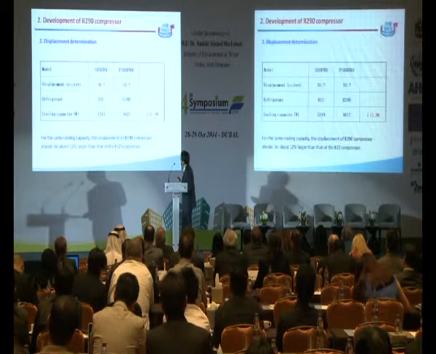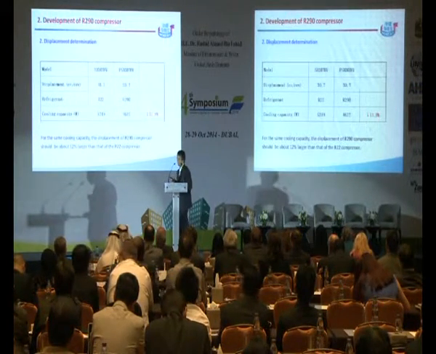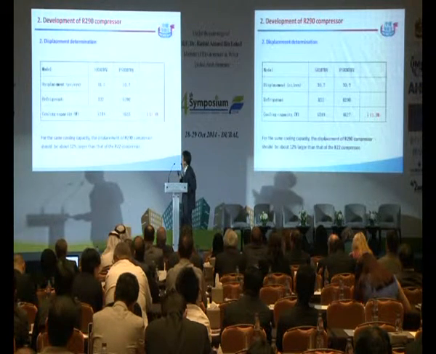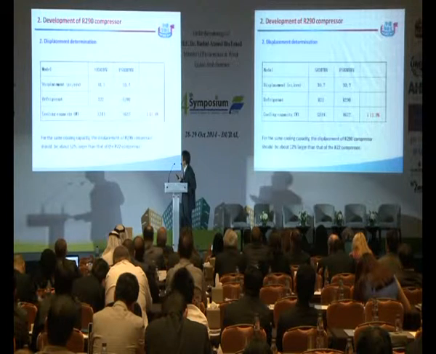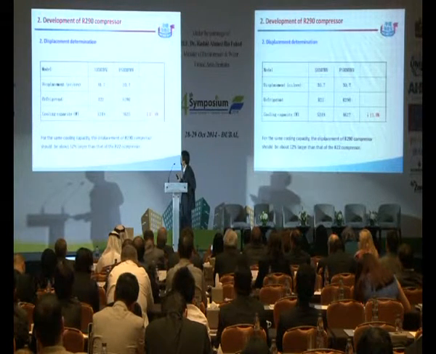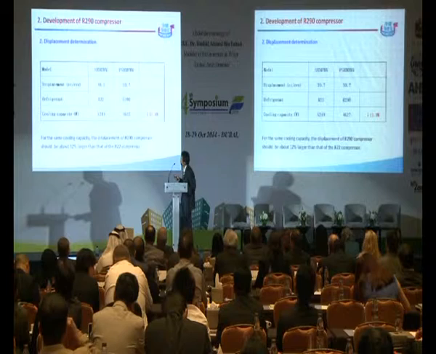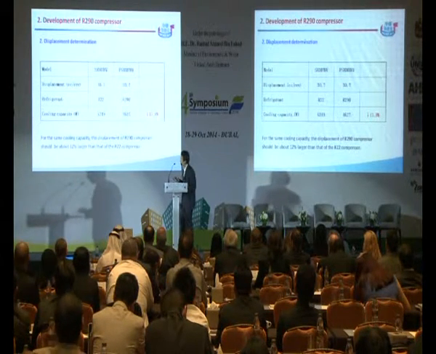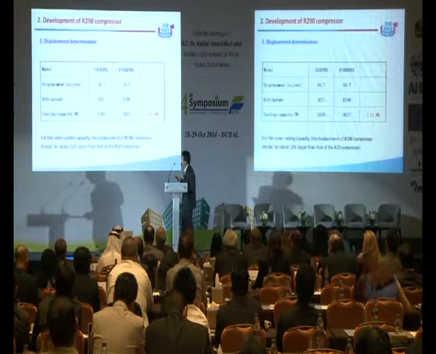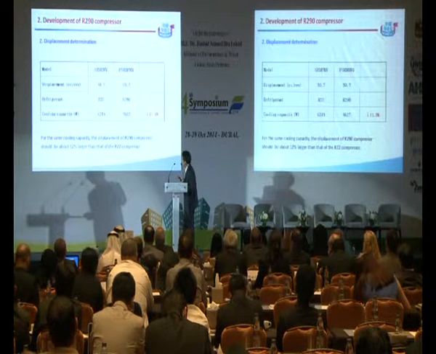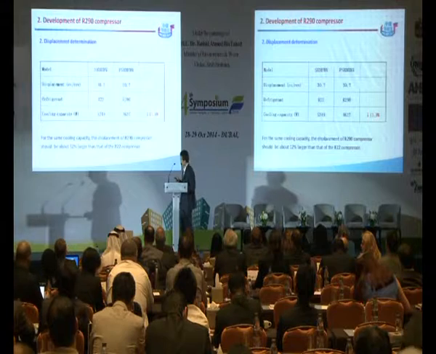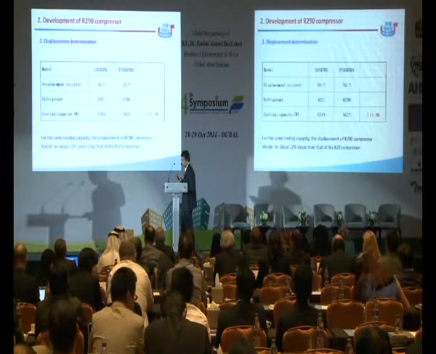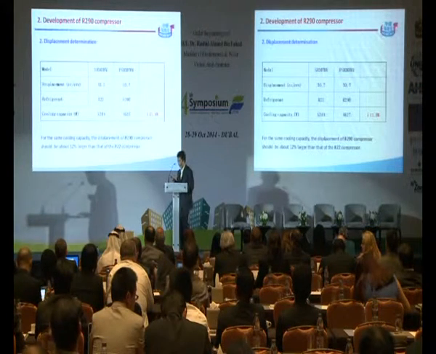We can see, compared to the R22 compressor, the R290 compressor has about 12% lower cooling capacity. So for the same cooling capacity air conditioner, the displacement of the R290 compressor should be about 12% larger than that of the R22 compressor.